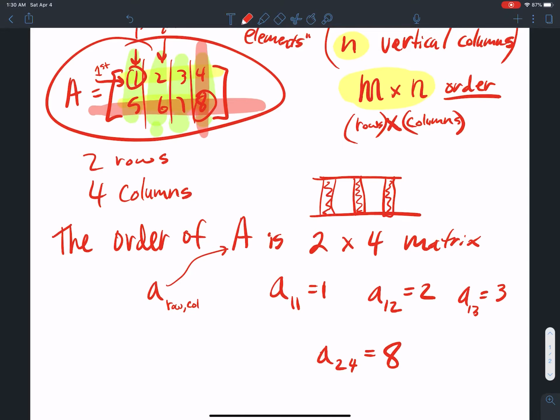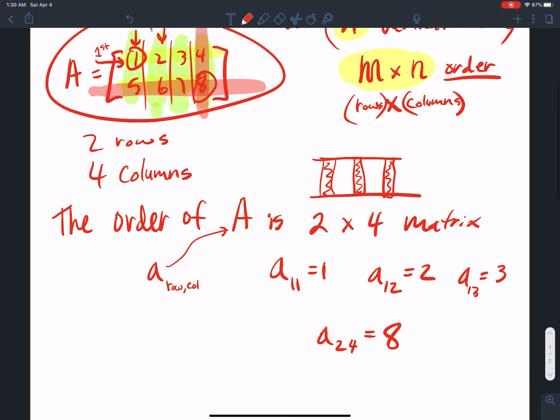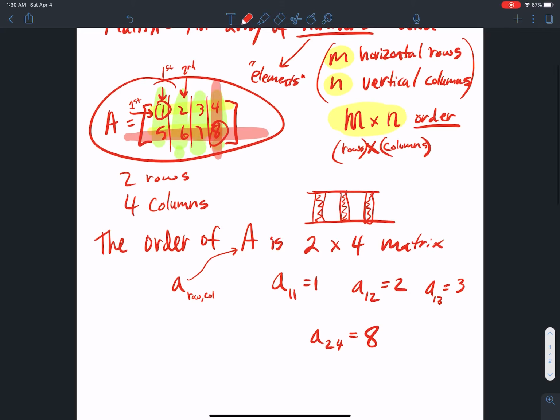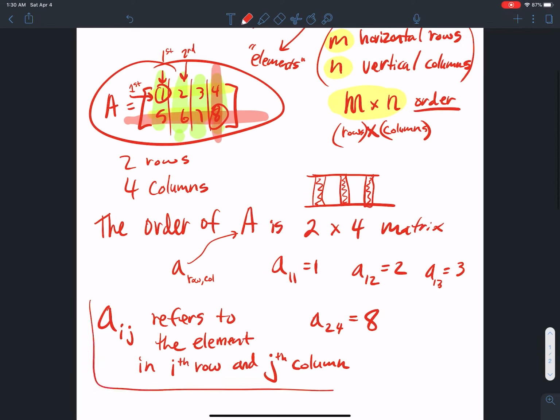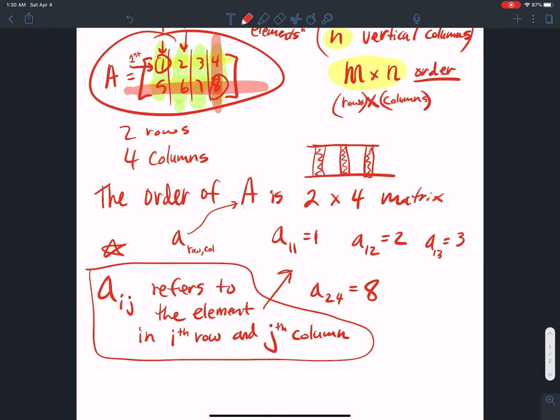I didn't go in any particular order, but just in general, Aij refers to the element, which is your number, in the ith row and jth column. So that's to help you out with that stuff.